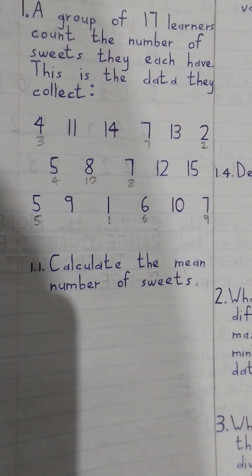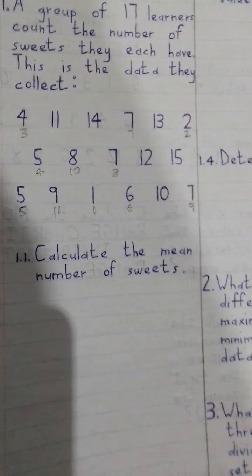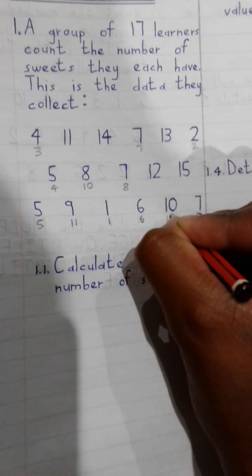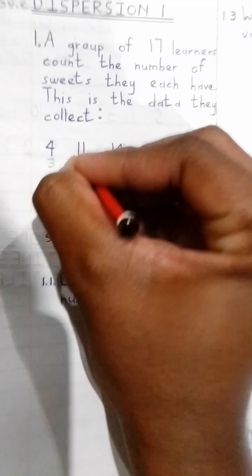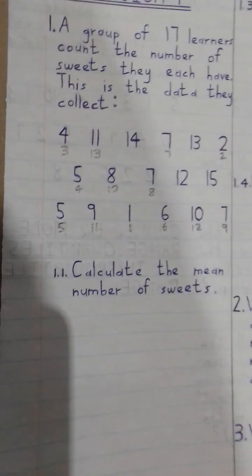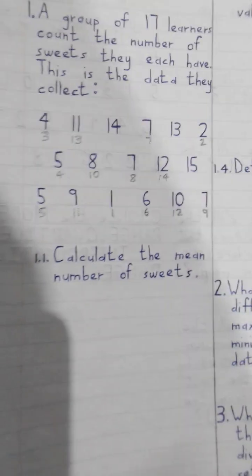Do we have a 9? Yes, we do. 11. Do we have a 10? Yes, we do. 12. Do we have an 11? Yes, we do. 13. Do we have a 12? Yes, we do. 14. Do we have a 13?